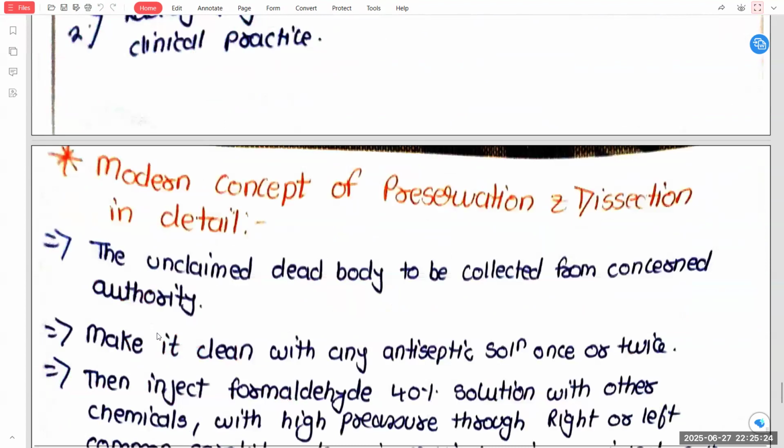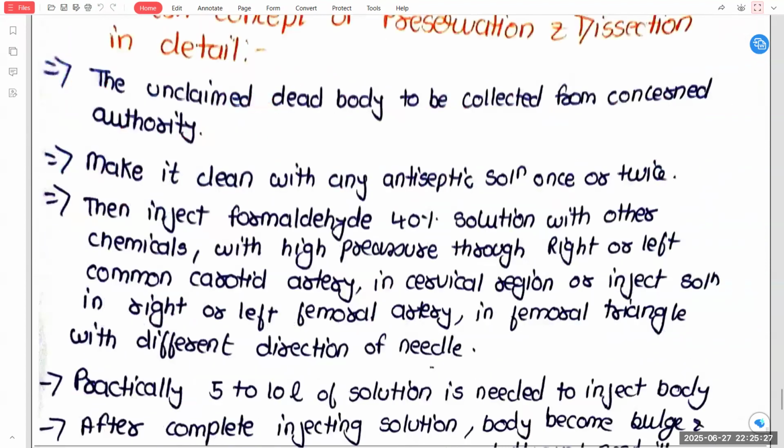Let's see the modern concept of preservation and dissection in detail. The unclaimed dead body first has to be claimed and collected from the concerned authority. Make it clean with any antiseptic solution once or twice. Then inject the formaldehyde, which is 40% solution. Remember this percentage, okay? So we have to inject the formaldehyde 40% solution with the other chemicals which we had seen above, that is alcohol and so on, and glycerine, with high pressure through the right or left common carotid artery.